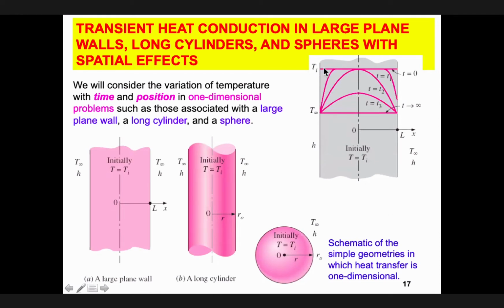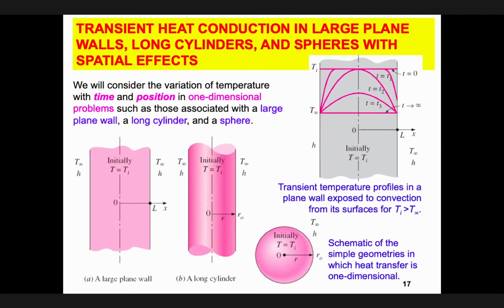Initially the temperature is here at time equals 0, and we suddenly expose it to an environment at temperature T infinity. Therefore, we can see the temperature profile inside the material. The temperature changes from one point to another, which shows that the control of heat transfer is conduction through the material, and we developed the technique to do that.